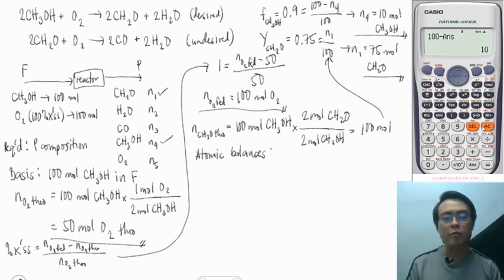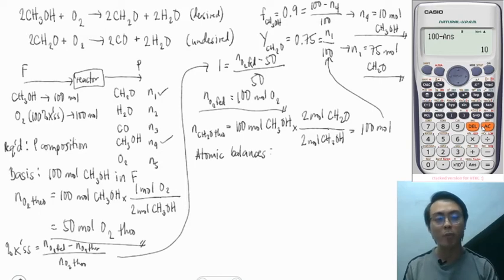As I have mentioned earlier, the concept behind atomic balances is you are just balancing the number of moles of a given element coming in to the number of moles of the given element coming out. So we are just counting the elements and not the compounds themselves.